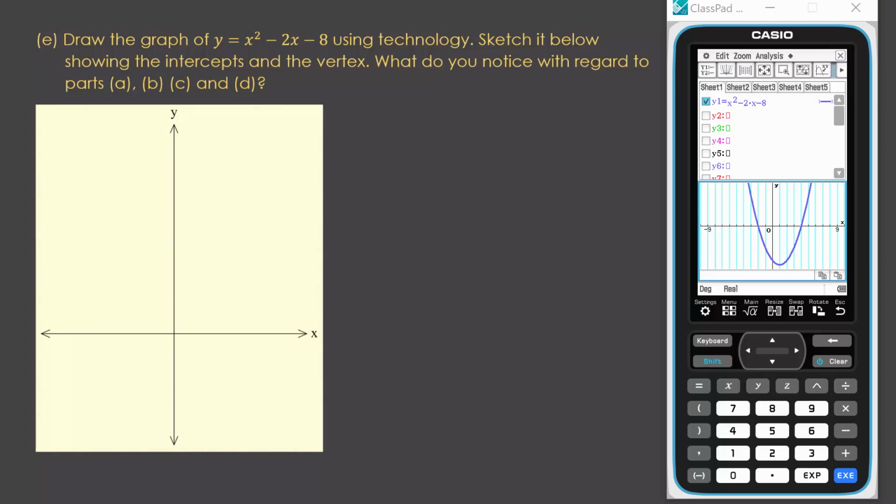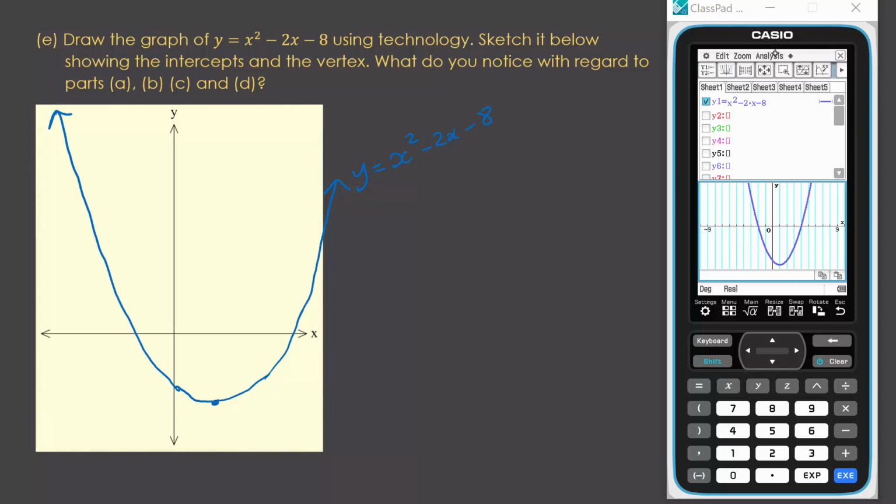So we can see that the vertex is, say, here. And the graph then goes like this, and like this. So that is y is x squared minus 2x minus 8.